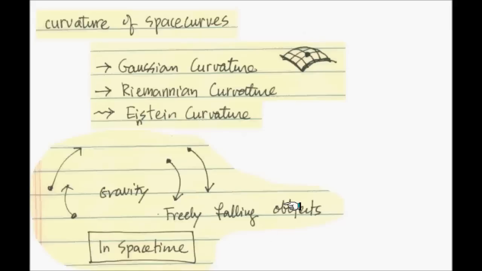He looked at a freely falling object and how it is curved around in space-time. Maybe you should measure these curves and directly relate them to gravity, and that was his idea, rather than looking at acceleration forces like Newton did.